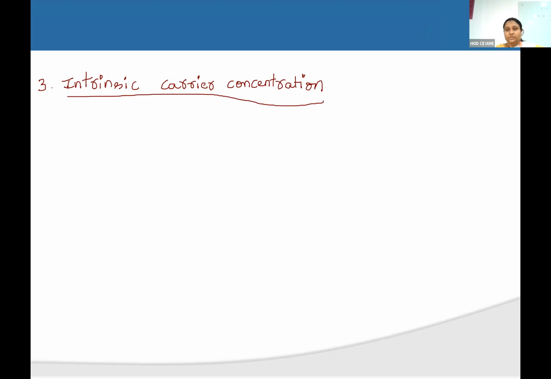So for this, we'll use this logic. We know that in intrinsic semiconductors, start copying in your books, N is equal to P. What do you mean by N is equal to P, students?